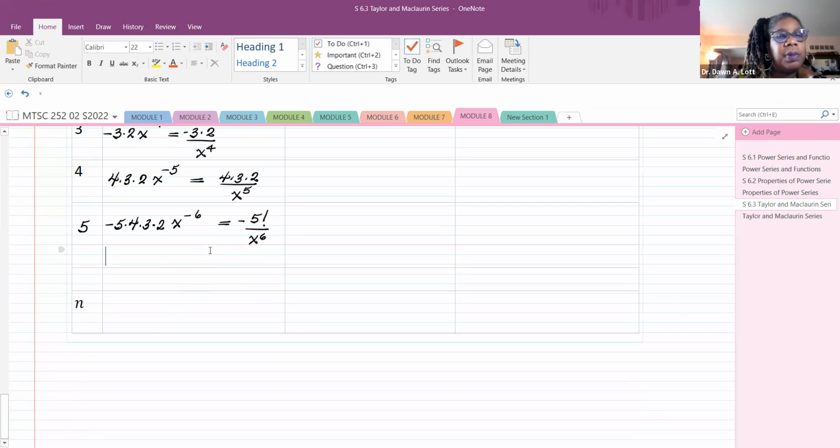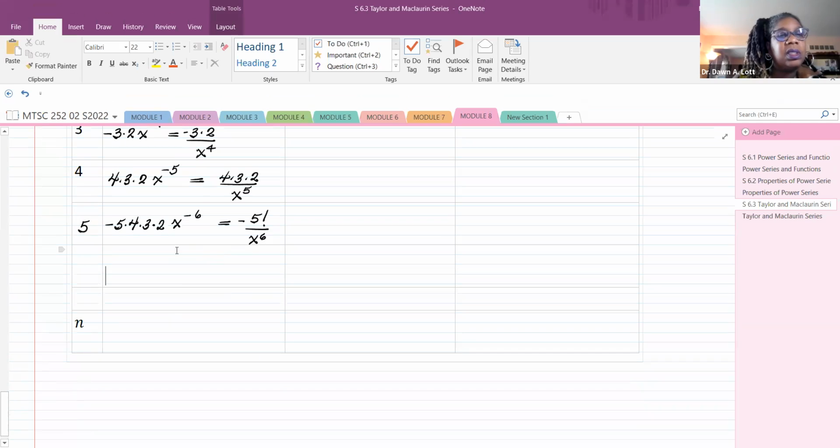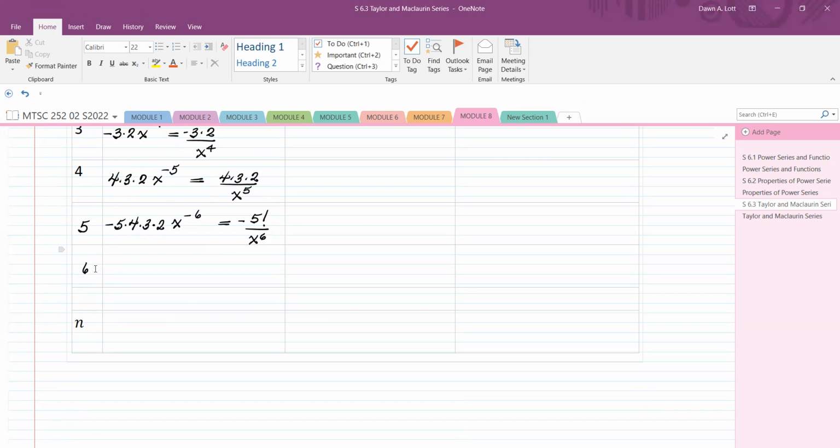Okay, so can anybody tell me what the next derivative is going to be? Negative 6 factorial over x to the 7th. Is it negative?